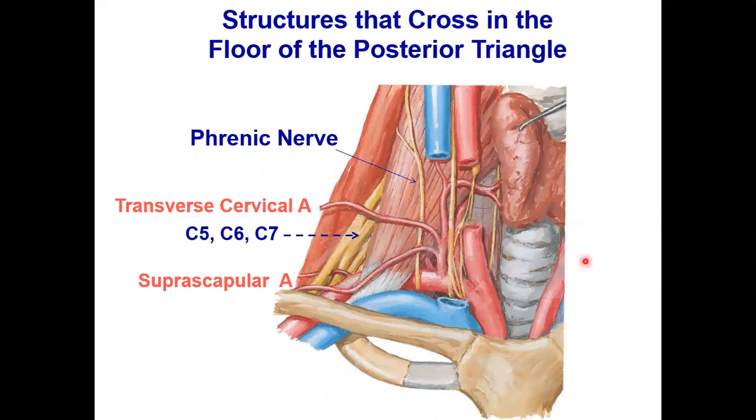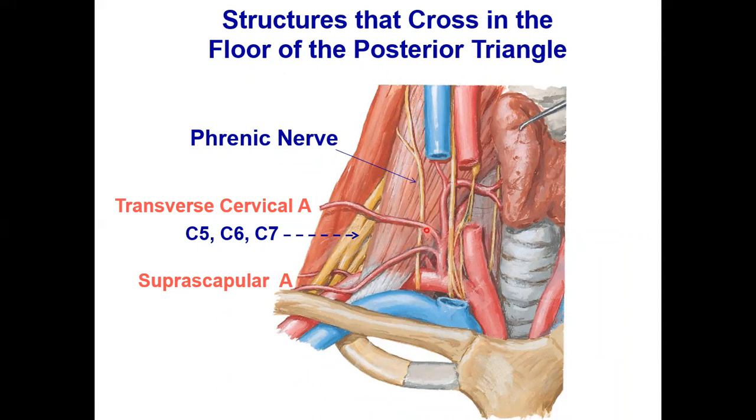So structures that cross in the floor of the posterior triangle. Your phrenic nerve actually travels through your posterior triangle, and I believe it travels on top of the middle scalenes, I think is the muscle. I'd have to look it up though, but I know it's traveling on top of a scalenes muscle as it makes its way down to innervate your diaphragm. Let's see, what else is important here?